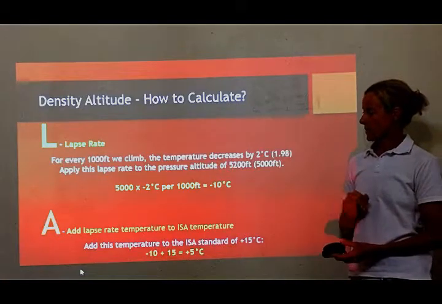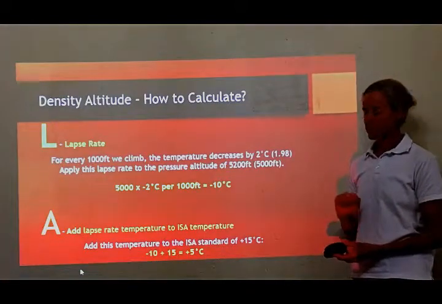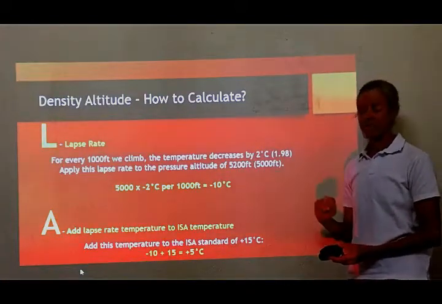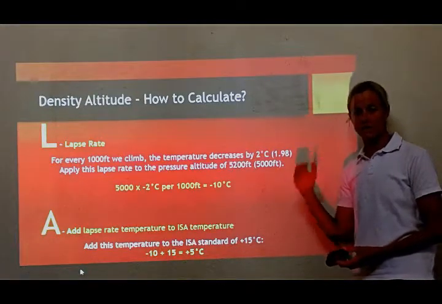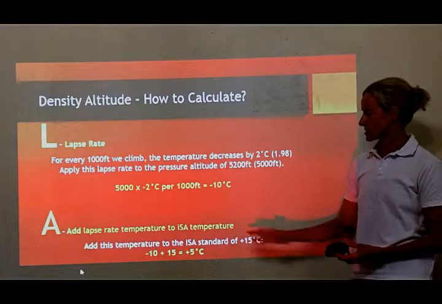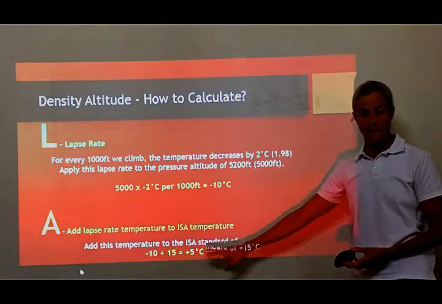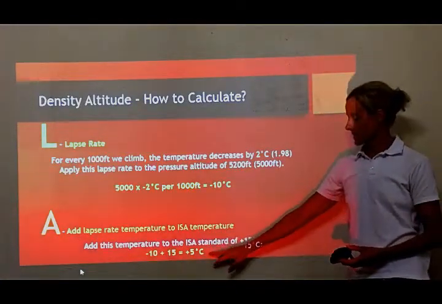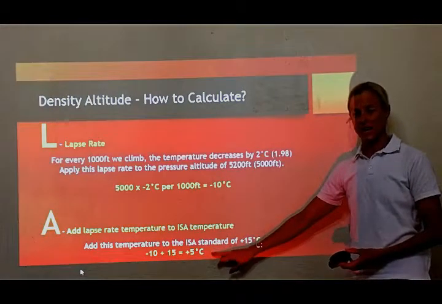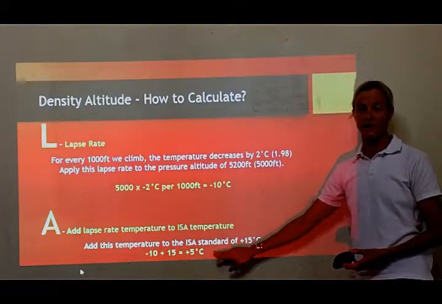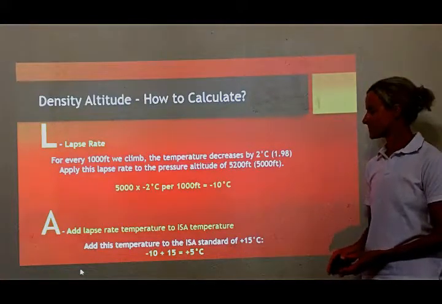So if we multiply 5,000 by minus 2 per 1,000 feet, that gives us minus 10. We now need to add this to ISA so that we know what the ISA temperature is. So minus 10 plus 15 degrees gives us plus 5 degrees. This is the ISA standard temperature at 5,000 feet.